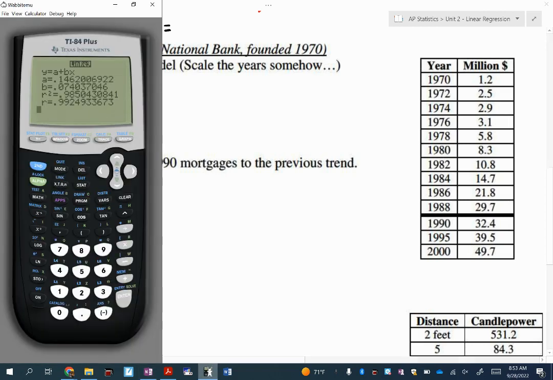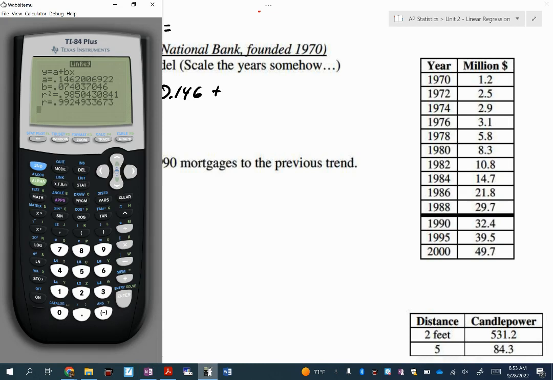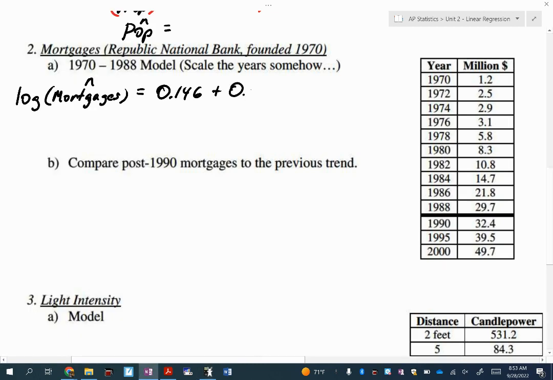All right, and then my y-intercept is 0.146 plus slope of 0.074 times, and this is years since 1970. Okay, so it wants us to look at, I'm just going to pick one of them past the 1988.